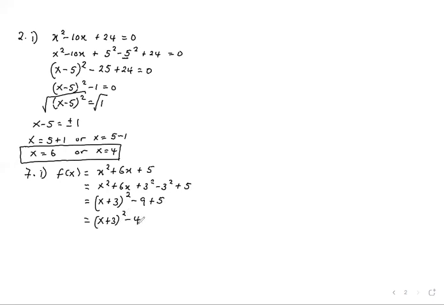Now what we said is that if a is positive, since a is equal to 1 here, greater than 0, what we have is a minimum point given by x plus 3 is equal to 0, giving us x is equal to -3. So the point will be -3, comma this part here, -4.